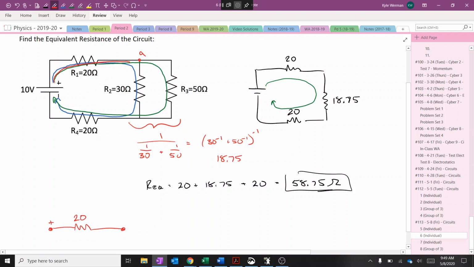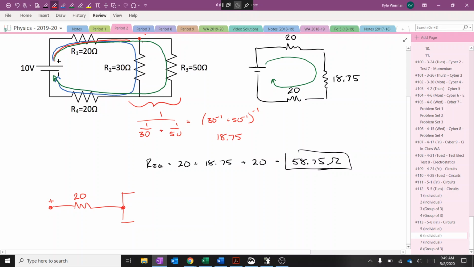There's 20. And at that split, I split 2 ways. I can take a high road and go through the 50 back to another node. Or I can take the low road and go through the 30. And they both meet back up. We'll call this A and B. There's B. And then I continue on through the 20 and back to the source.